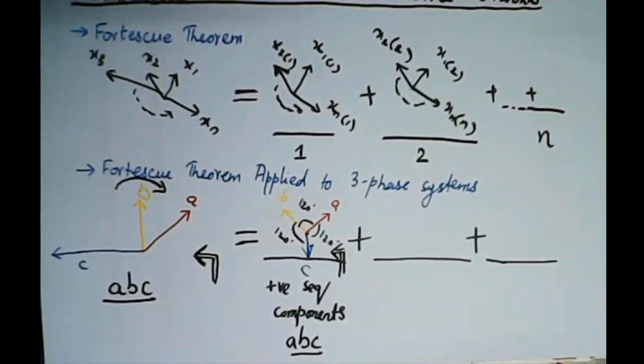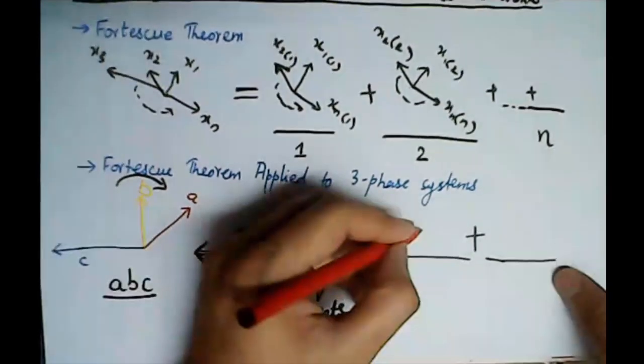Got it? The next set of phasors is called the negative sequence components.